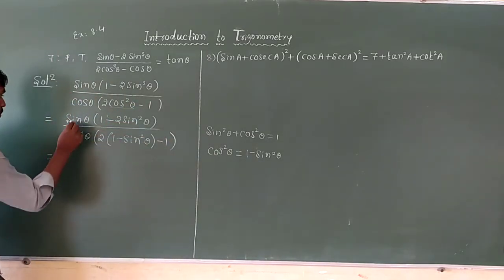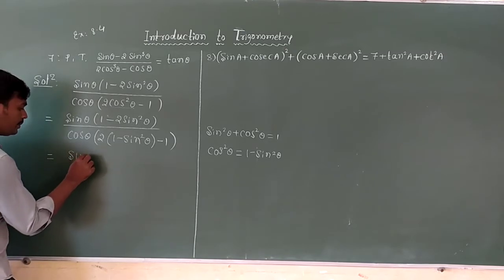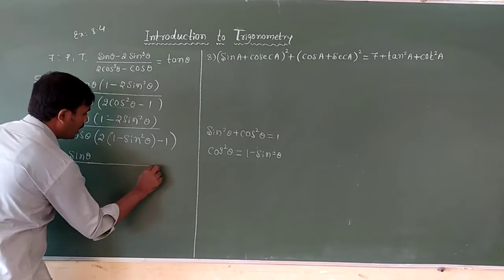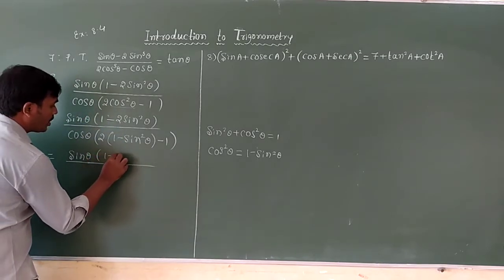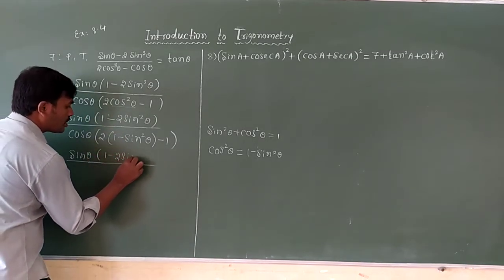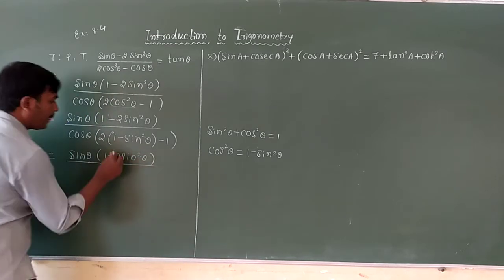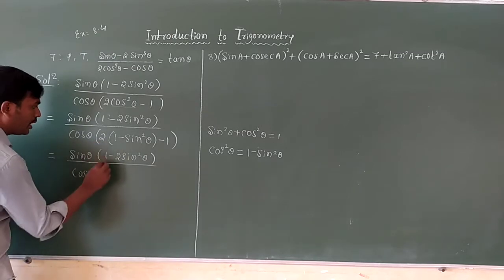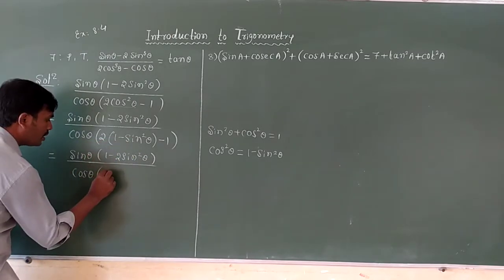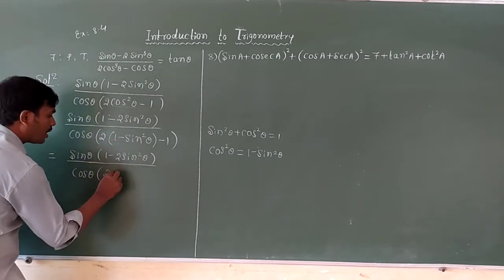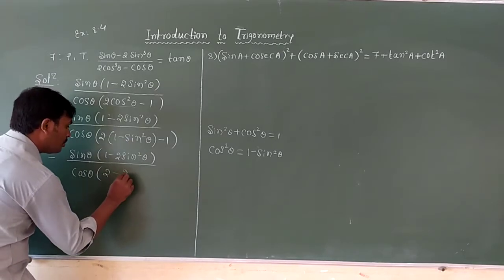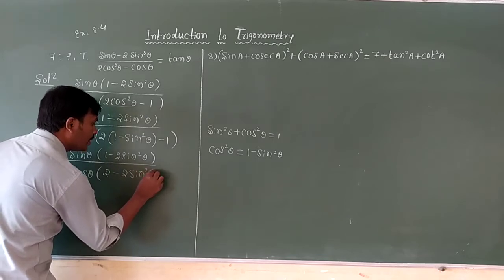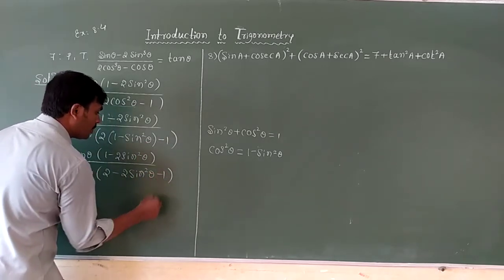Here this is equal to sin theta into (1 minus 2 sin square theta) whole divided by cos theta into, multiply this one, 2 into 1 is 2, 2 into minus sin square theta is minus 2 sin square theta. Here it is minus 1, keep it as it is.